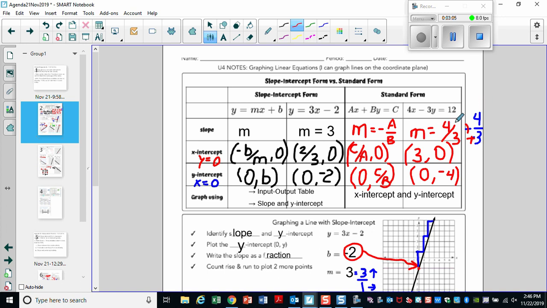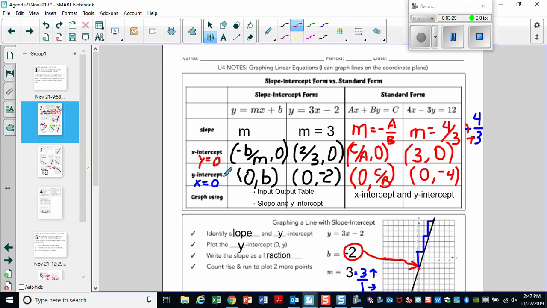Now the x-intercept, this is when y equals 0. So what would happen is, if y is 0, this term would go away, so you're left with 4x equals 12. And then as a result, if 4 times x equals 12, then x must equal 3.